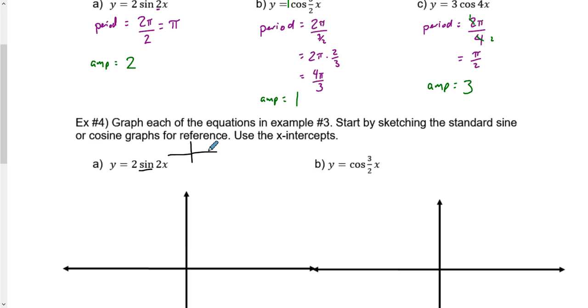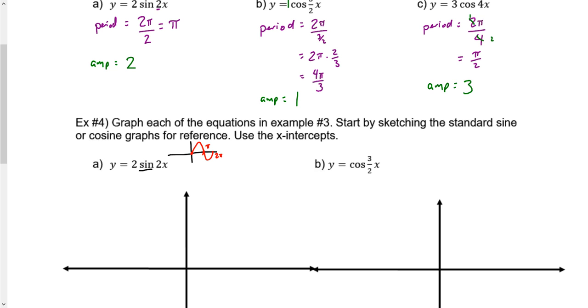A sine graph starts at the middle, goes up, down, and back. The period is normally 360 degrees. Its x-intercept is at 180 degrees. Well, we calculate our period in radians. So let's do that right: that's 2 pi, and that's 1 pi.